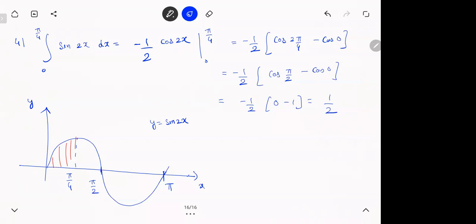So the sine 2x graph will look like this. How will the sine graph look? You know sine x, now the difference is this. Let me draw both of them on the same line so you'll understand.